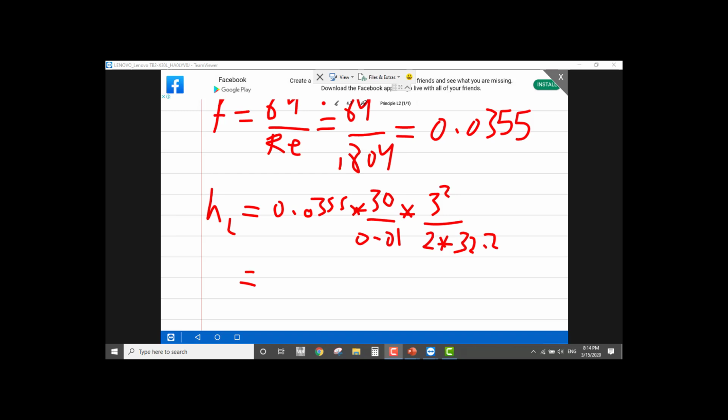And the answer is 14.9 foot. This is part A.